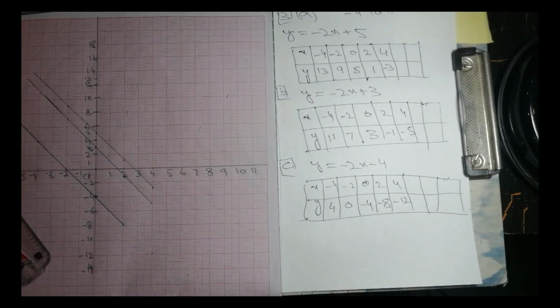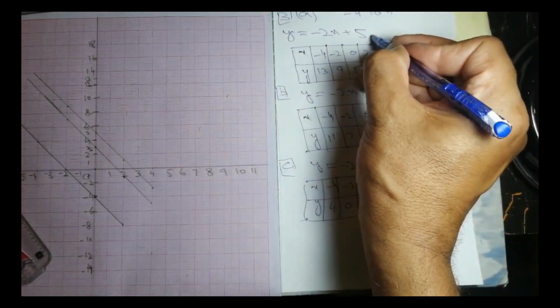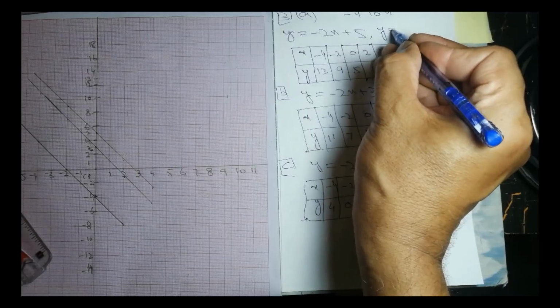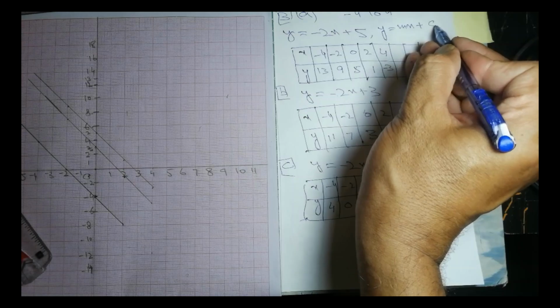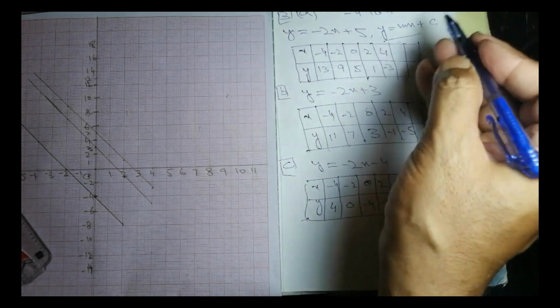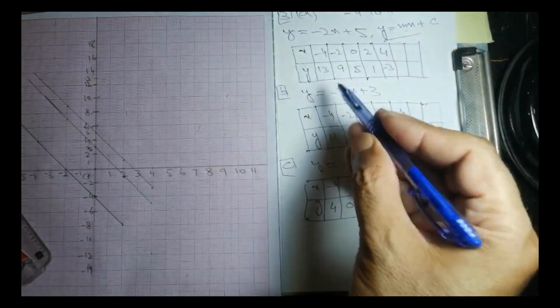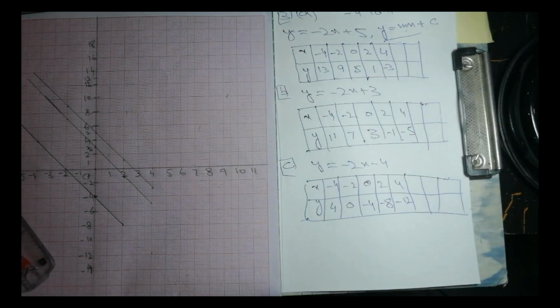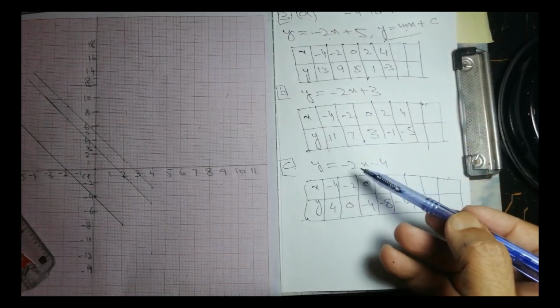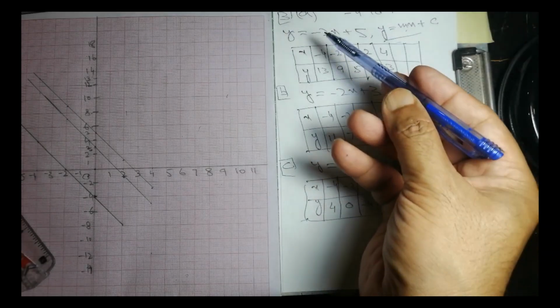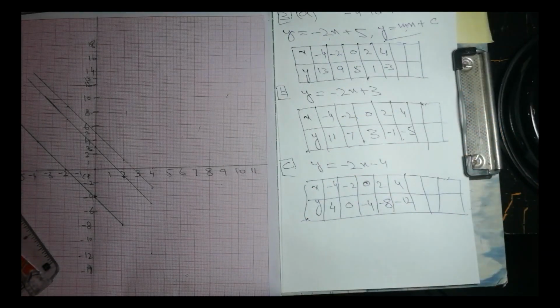Because they have the same gradient or value of m, as I mentioned before, y equal to mx plus c is a standard straight line equation. If we compare the coefficient of x, that is minus 2. So the gradient for every line is the same, minus 2, minus 2, minus 2, so the lines will be parallel.